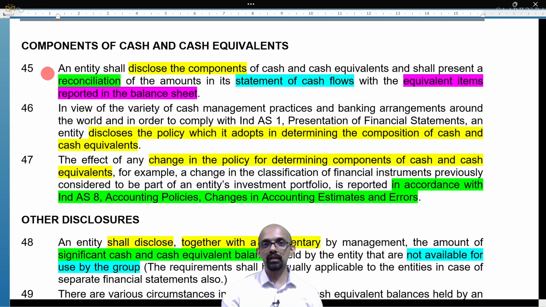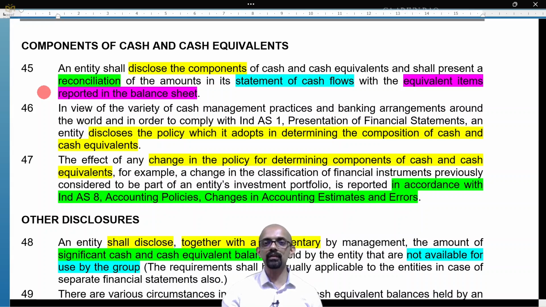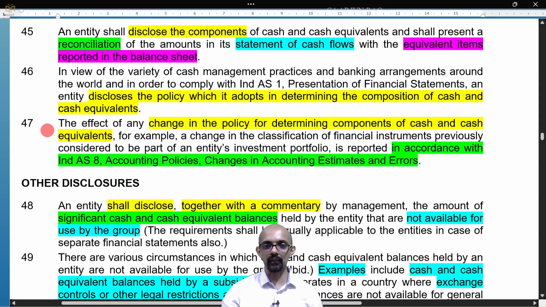So, what policy it is following to determine what is the composition of cash and cash equivalents, that has to be disclosed. Further, a reconciliation has to be given between the balances appearing in the cash flow as well as in the balance sheet, and this reconciliation we give especially when there are forex changes relating to cash and cash equivalents.